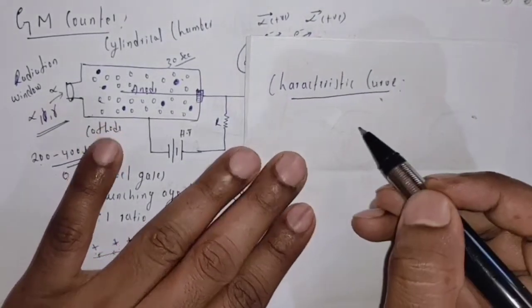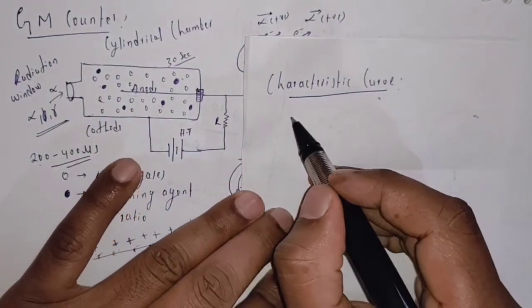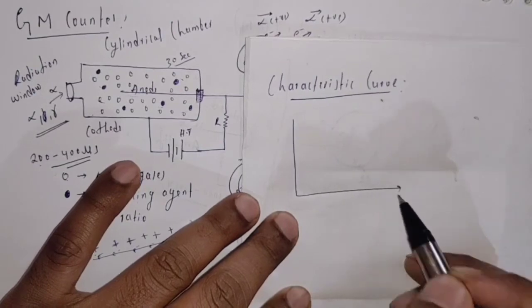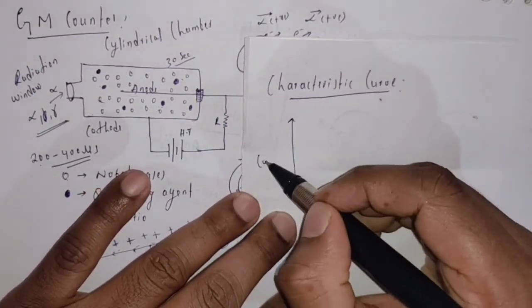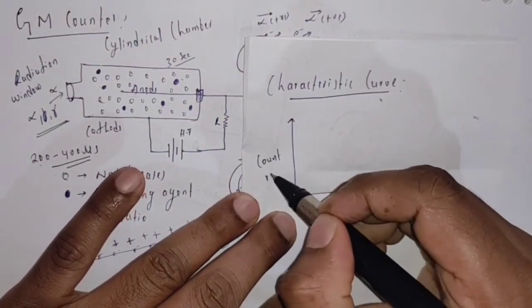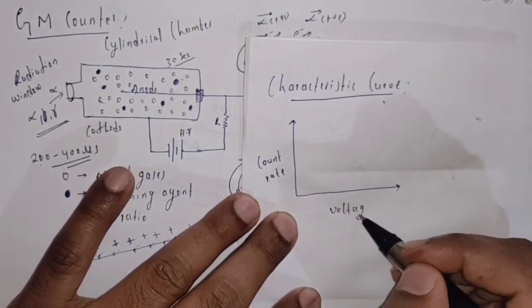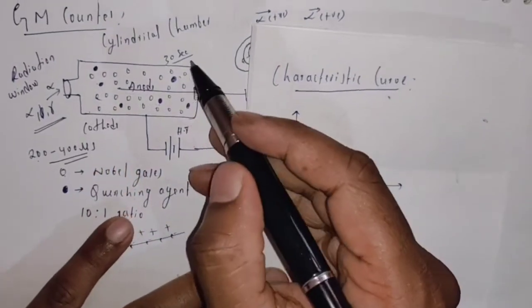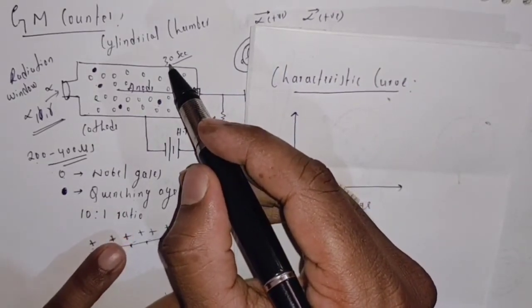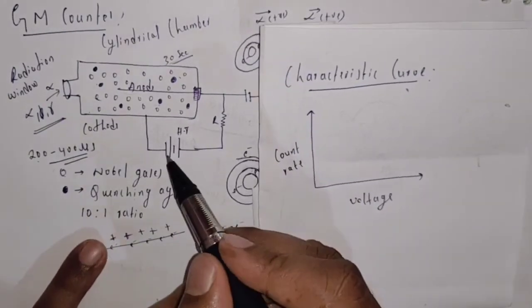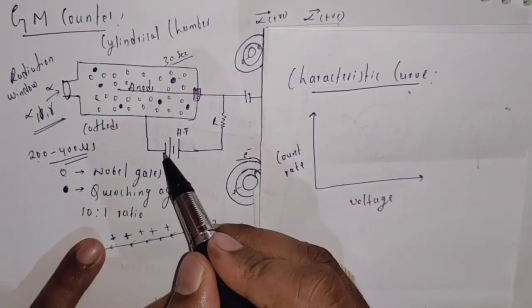For the GM counter, we are going to plot a graph of count rate versus voltage. Here I am going to set the counting time to 30 seconds, and I am going to change the voltage every time.